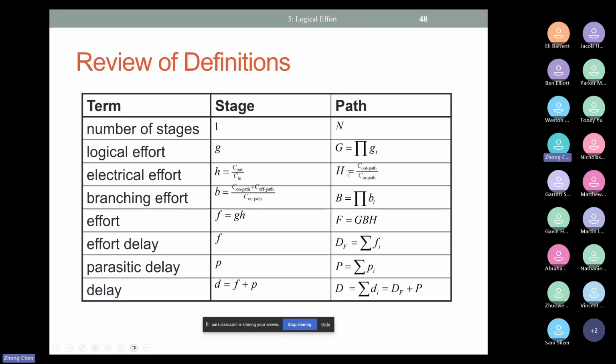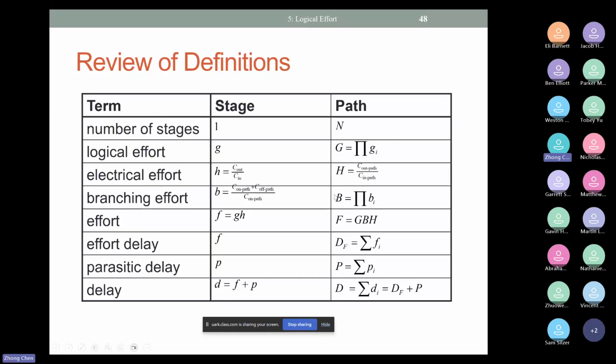But electrical effort is the last stage output versus the input of the first stage. So that is the beauty of this multi-stage path effort estimation. I don't have to care about the intermediate sizes. I can calculate the total electrical effort, because what the input is and what kind of output I want to drive will determine the electrical effort.